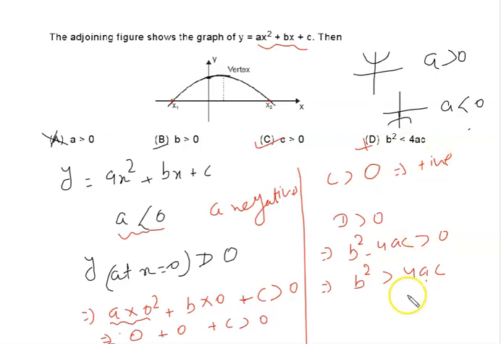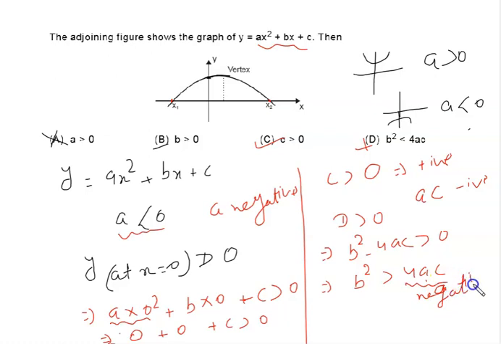Okay, and the multiplication of a negative number and a positive number gives ac also negative, right? Then 4ac is also negative, right? So b square is greater than 4ac, which is negative, guys.